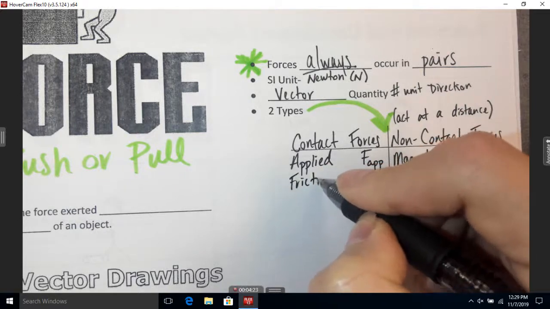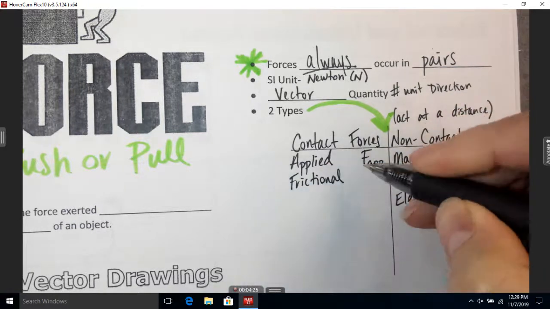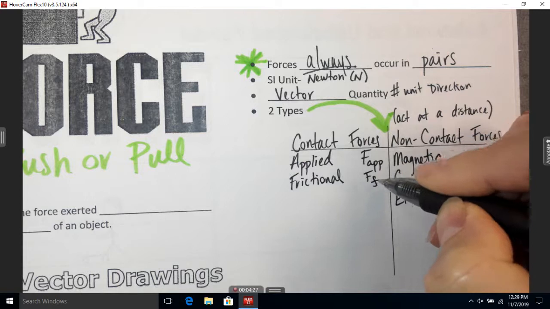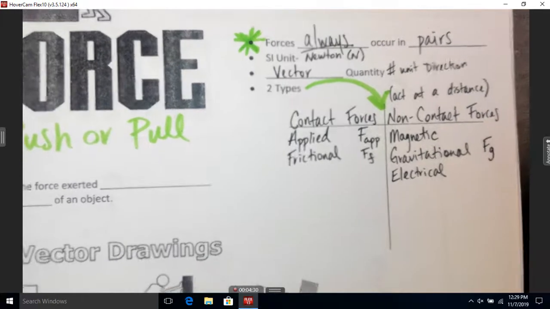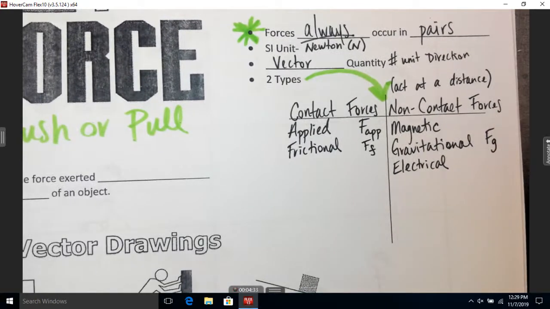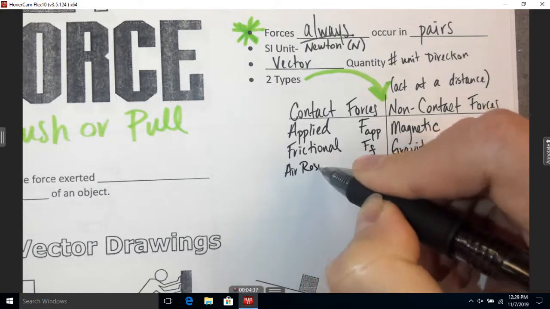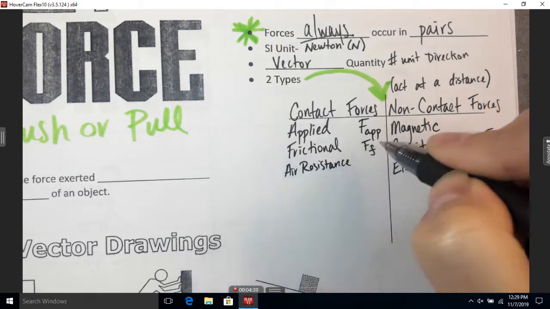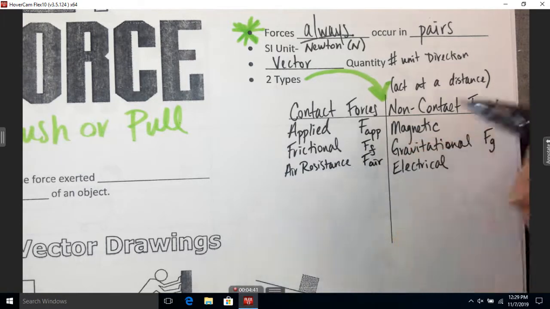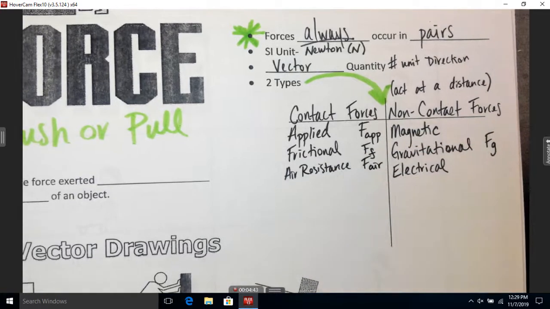Friction. So a frictional force. That's going to be capital F, little f. Air resistance. Air resistance is a type of friction. Y'all know what air resistance is?